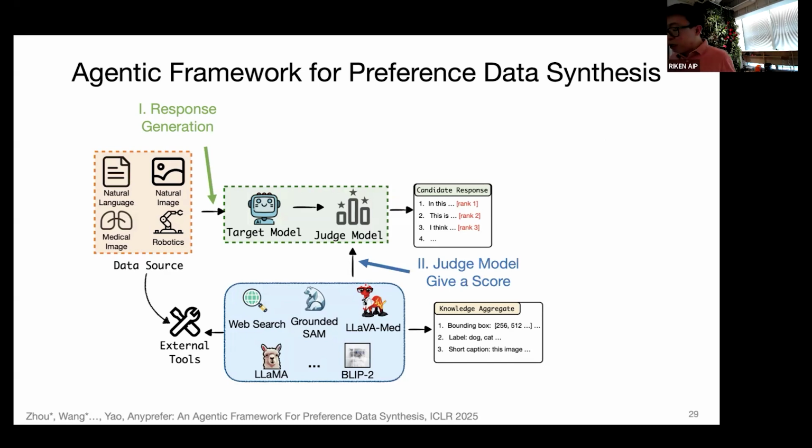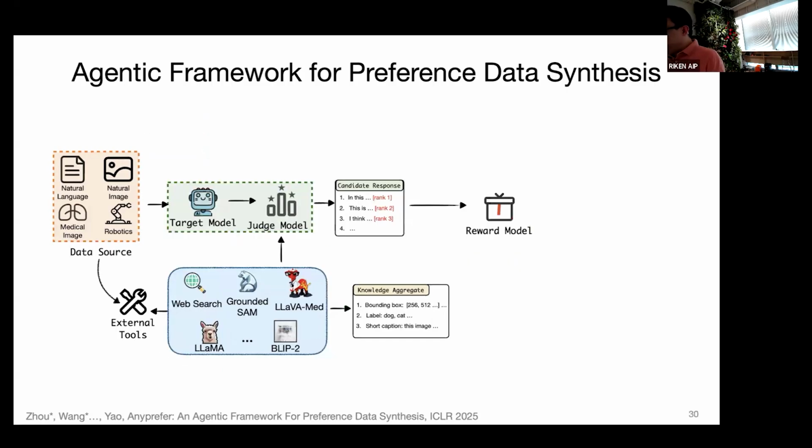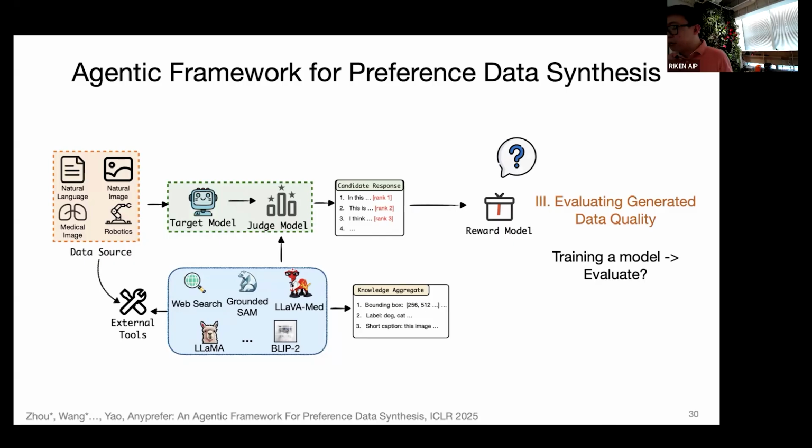And after we get a lot of candidate responses and rank them, we will feed them into a reward model and get the reward. So the ideal reward model needs to evaluate the generated data quality, and this reward model needs to act as a target model, because we can use the generated responses to train the target model, and then use the performance of this trained target model to see whether it performs better or not, to judge the reward.